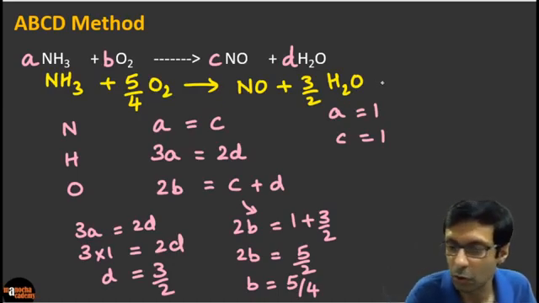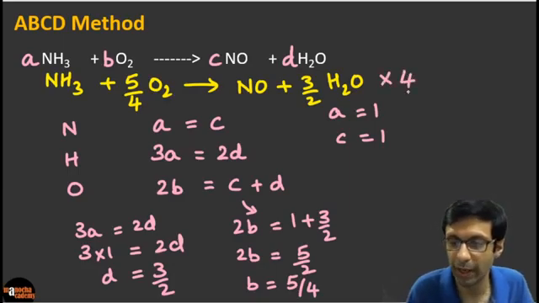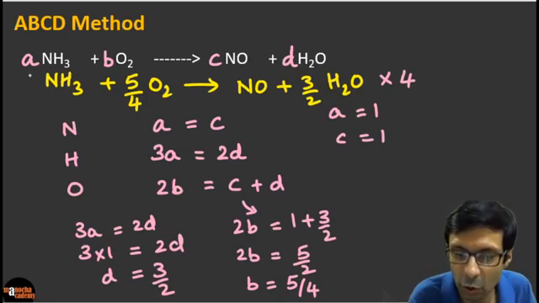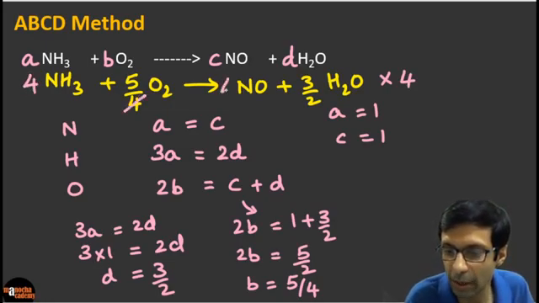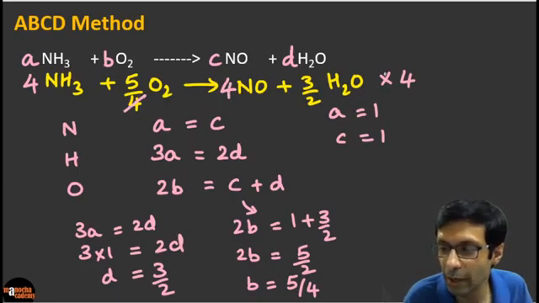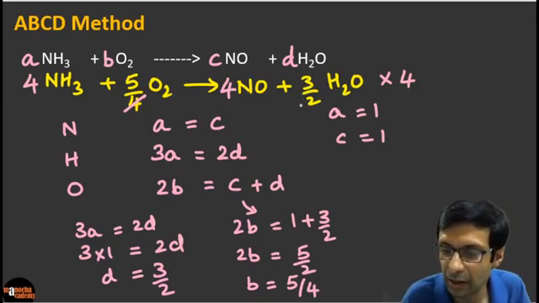So let's multiply this whole equation by 4. And what do we get as a result of that? So this is going to become 4NH3. This will cancel. This is going to become 4NO, and 3 by 2 times 4 is going to become 6. So let me just cancel this here and write 6 here.